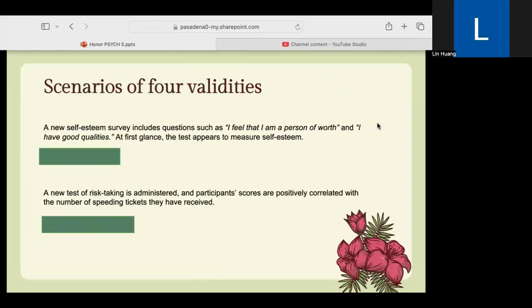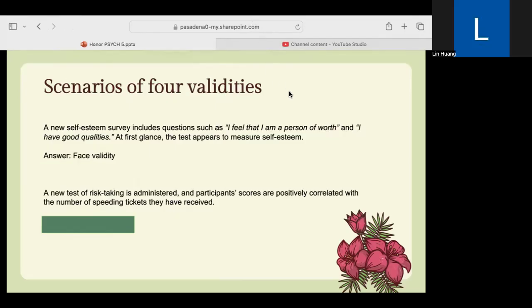To test our understanding, first, a new self-esteem survey includes questions such as "I feel that I'm a person of worth" and "I have good qualities." At first glance, the test appears to measure self-esteem.